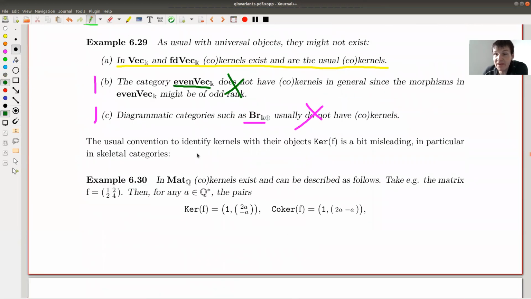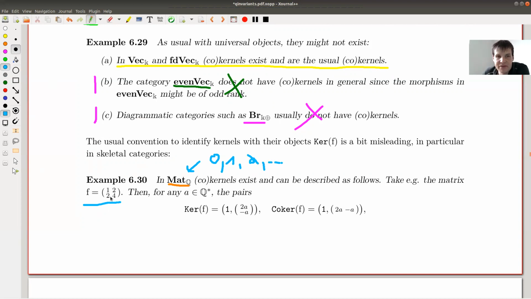Okay, but let me try to explain why a kernel actually is a pair of an object and a morphism. Doing this in the easy example of matrices, let's say with rational scalars, doesn't matter. Remember that this has objects like 0, 1, 2, and morphisms are matrices.